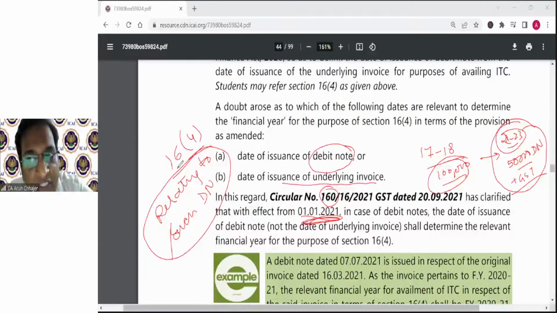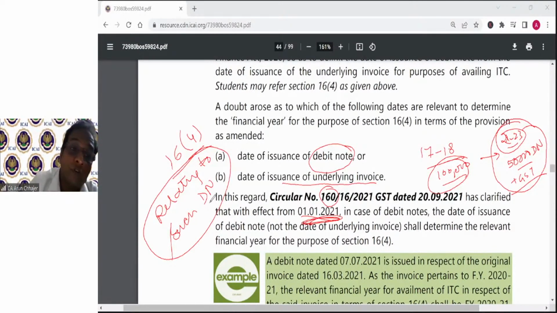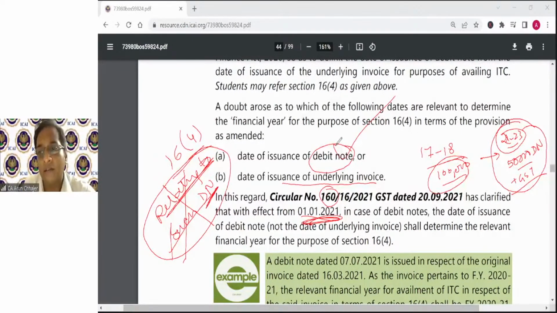Prima facie, by this word, it appears that for identifying the last day to take ITC on the debit note, you should go to the original invoice. Finally, the word has been omitted, and they are saying the date of the debit note would itself be the date of the document for taking the ITC. If raised in 22-23, you can take the ITC till 30th November 2023 or the annual return, whichever is earlier. Okay, let's move ahead.